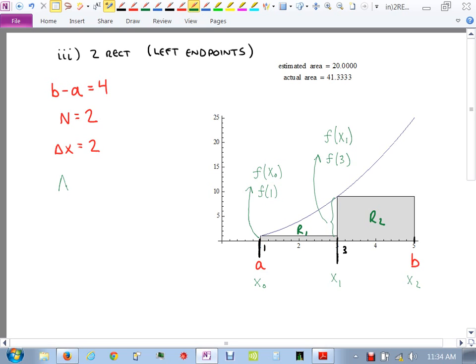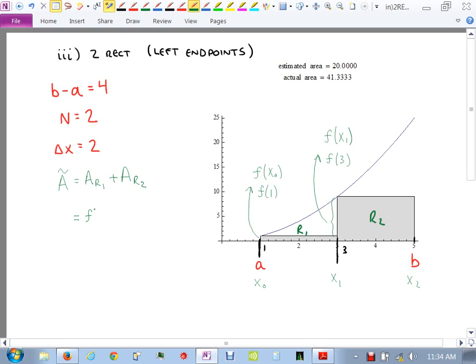So what's my A tilde here? AR1 plus AR2. I think we can probably get these a little faster now since we've done these. What is the area of rectangle 1? It's the height, right?